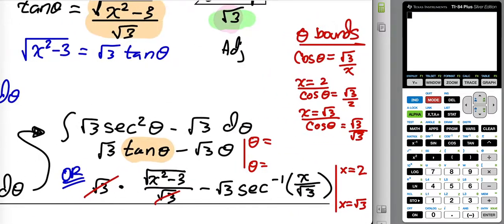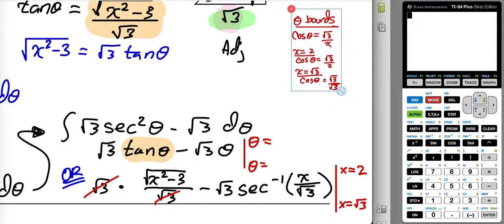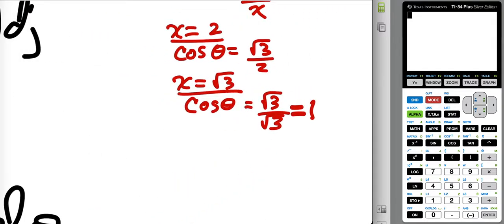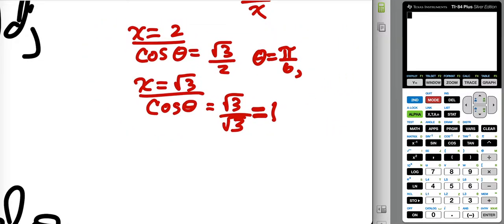I'm going to shrink this down a little bit so it's not too crowded. I mean, it's already pretty crowded, but you get the idea. So then we would just have to think about where cosine is equal to radical 3 over 2. That would happen when theta is equal to pi over 6, that's the first quadrant one, and in the fourth quadrant, 11 pi over 6, because it's a positive ratio.